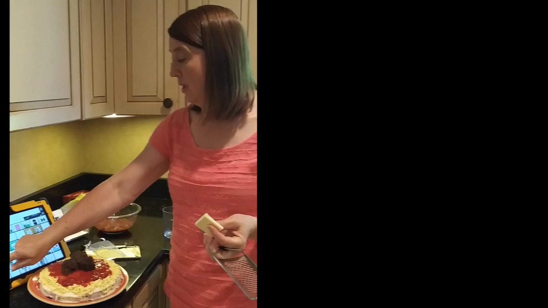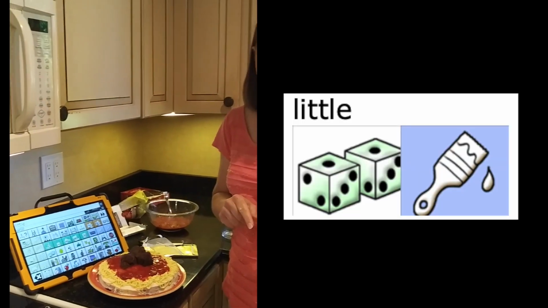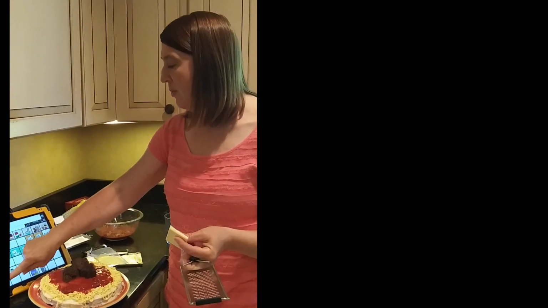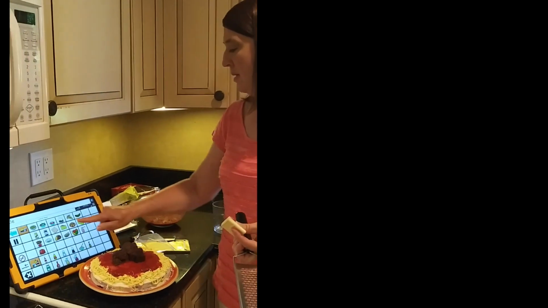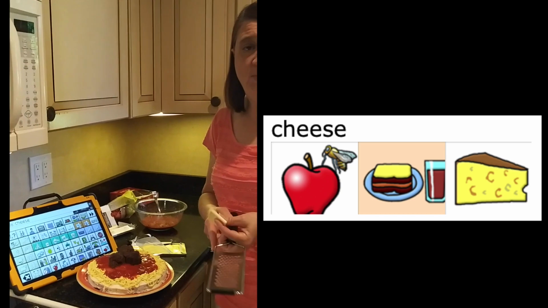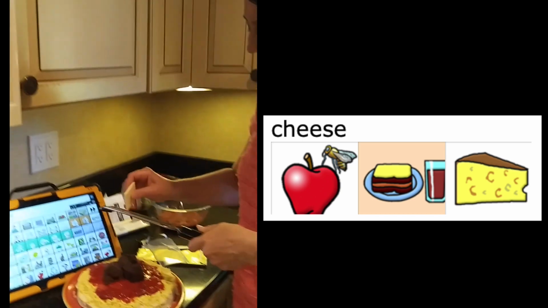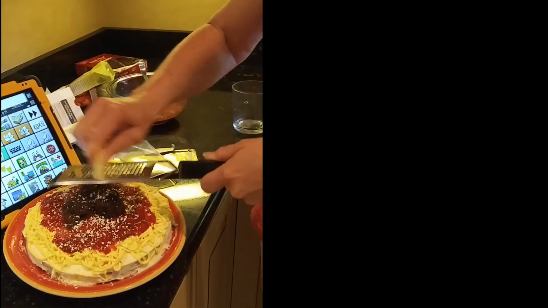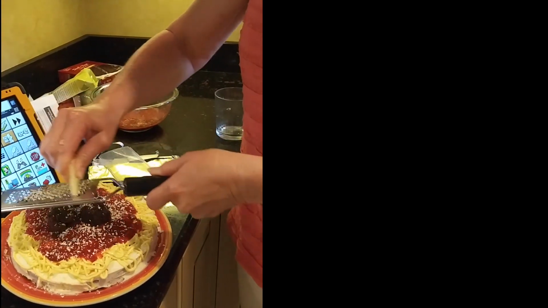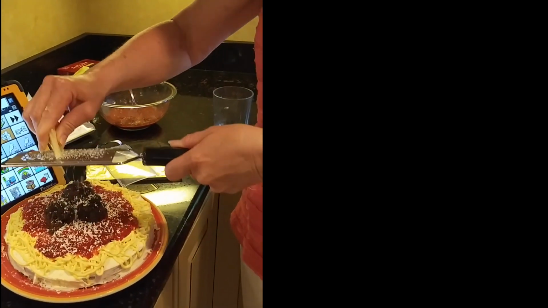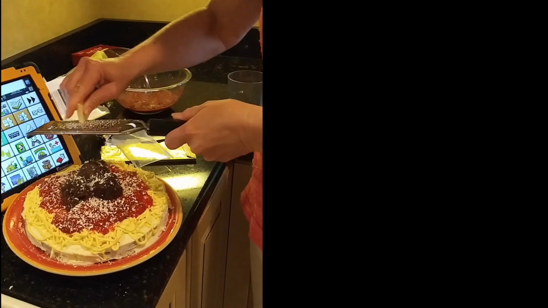And this grater is going to make very little pieces of white chocolate that are going to go on here, and it'll look like we put on some cheese. Little cheese. I love a lot of Parmesan cheese on my spaghetti and meatballs, so I'm going to put on a lot of white chocolate.